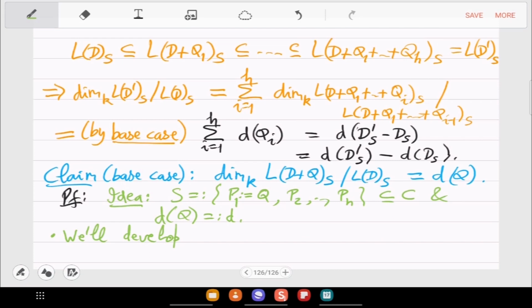So we will develop the K basis by using that of the DVR, the corresponding residue field actually.